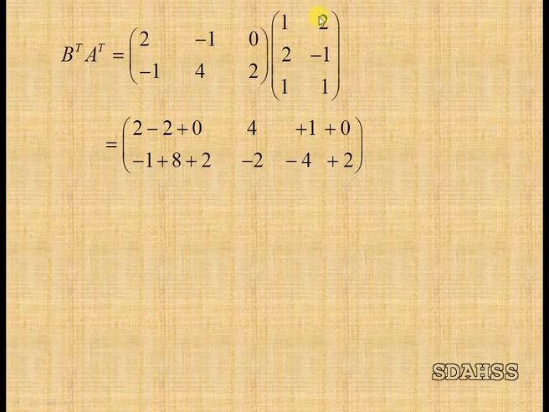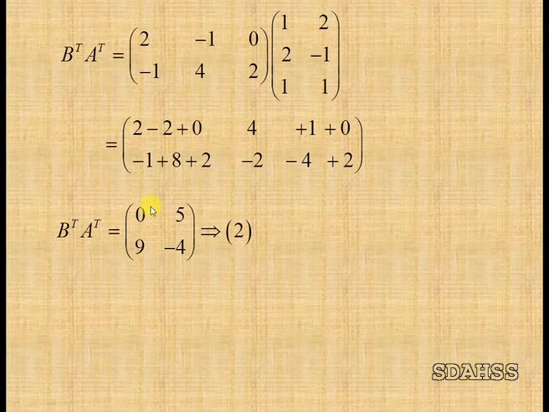Multiply the second row and the second column. So you have minus 1 into 2 is minus 2, 4 into minus 1 is minus 4, 2 into 1 is 2, which is equal to 2 minus 2 is 0, minus 1 plus 8 plus 2, that is 9, 4 plus 1 is 5, minus 2 plus 2 cancel, minus 4. Mark it as number 2.